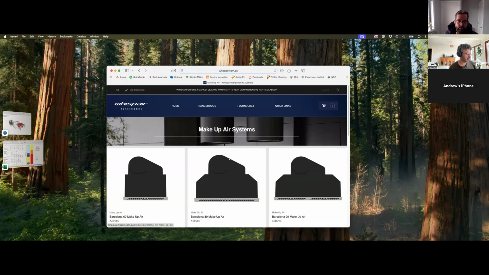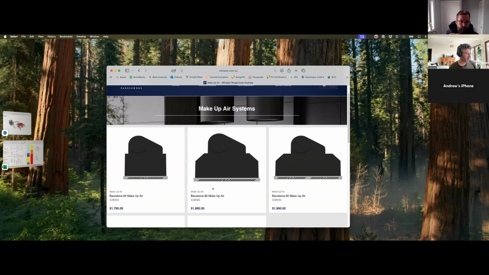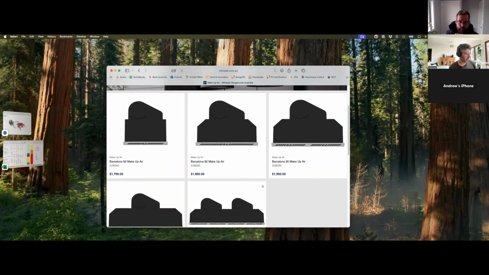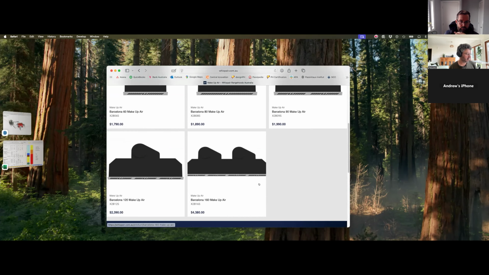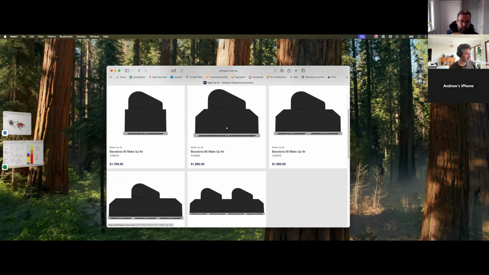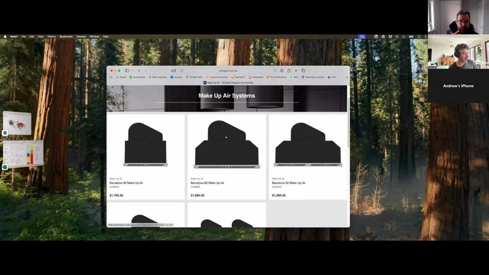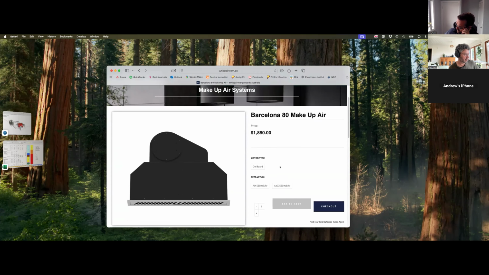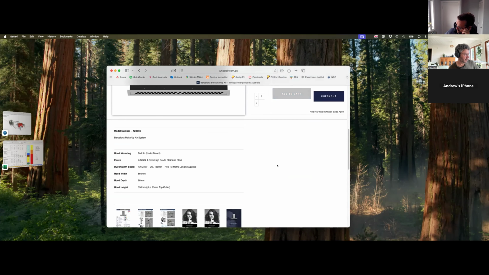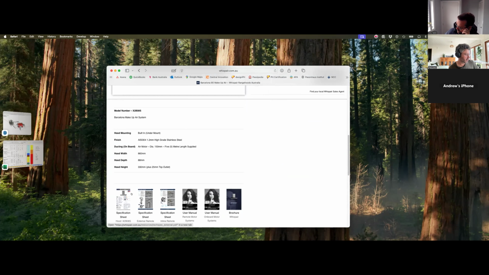Basically you need a range hood that's in a cupboard for this to work.